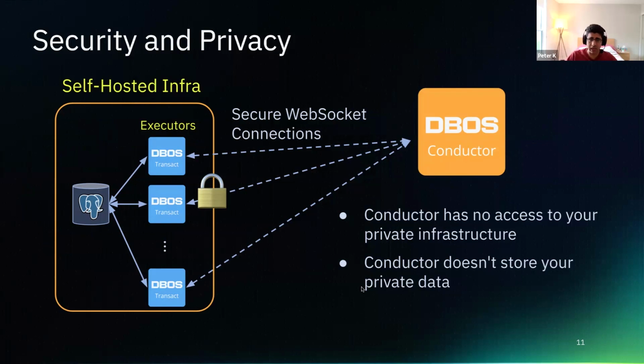Everything's done over the WebSocket, and only workflow metadata, not your private data, goes over the WebSocket. Conductor doesn't store anything. So as long as your application can open a remote WebSocket connection to Conductor, it can use Conductor. This allows it to work in a much larger variety of settings, including secure self-hosted infrastructure.